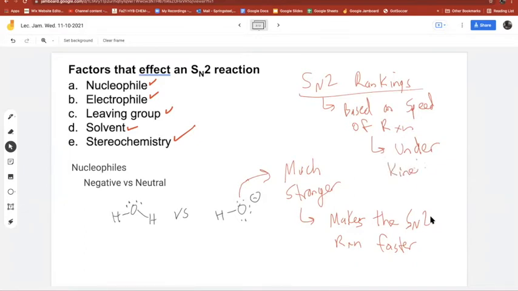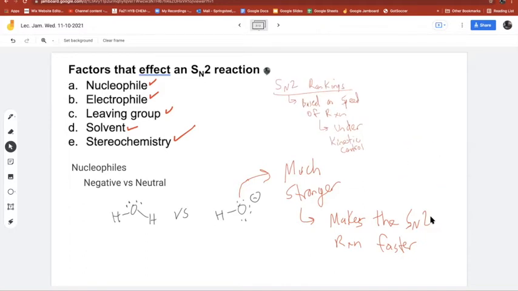Does anybody remember what that means, if you're under kinetic control? Kinetics refer to the rate of the reaction.